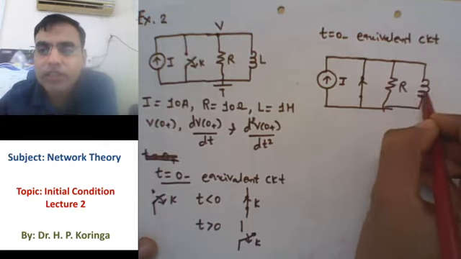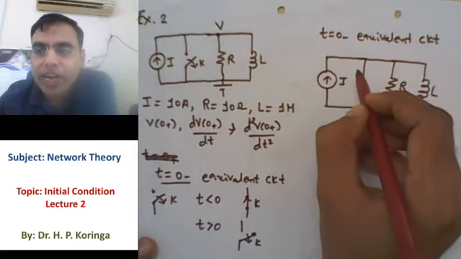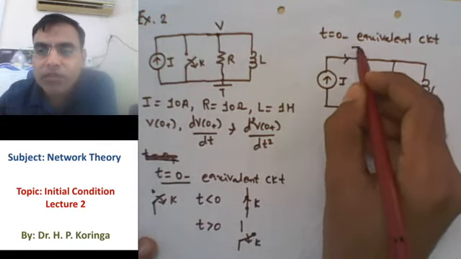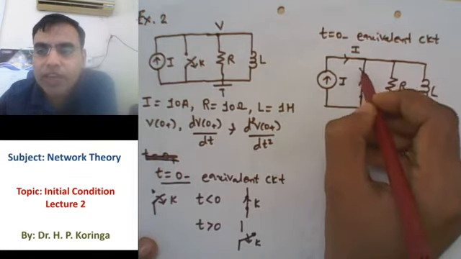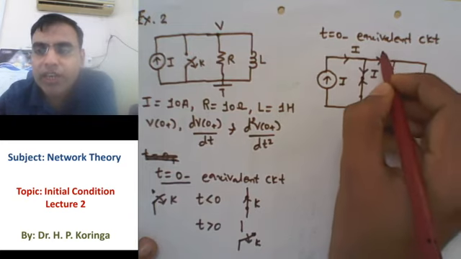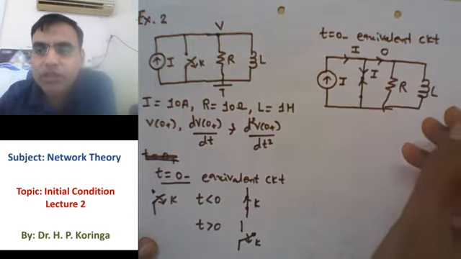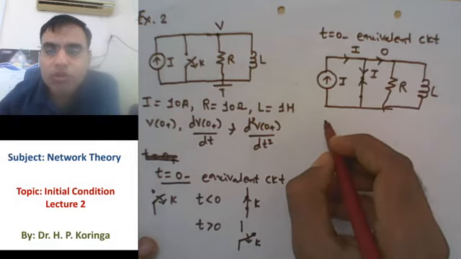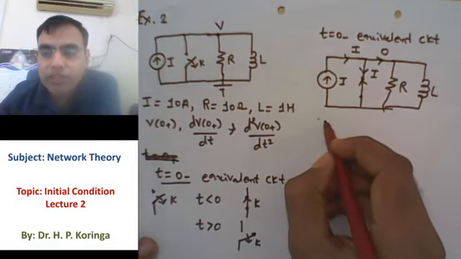Right. So all of this I current passes through this short circuit. So R and L will not get the current. So the current passing through R and L is 0. So the inductor is an uncharged inductor.